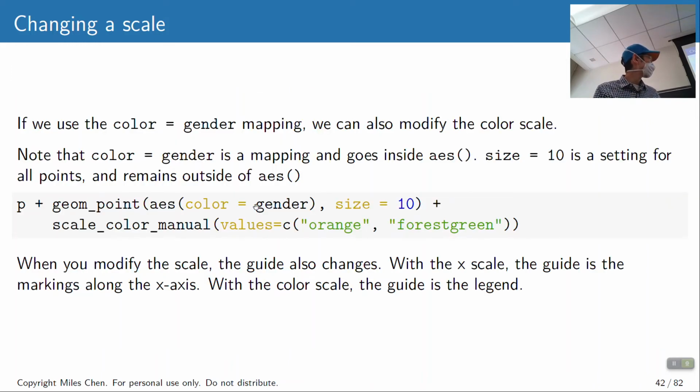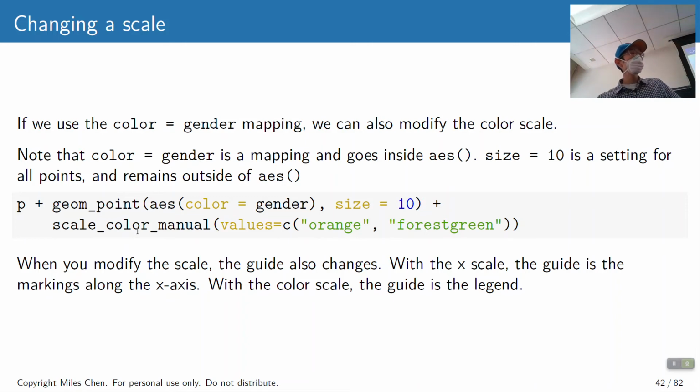It automatically maps. It will automatically figure out what colors to use. All right, but if you don't like the colors, you can tell ggplot, I want to change how to color the values. All right, and so we're going to say scale color manual. So remember, scales are for how to go from the data values to visual properties.